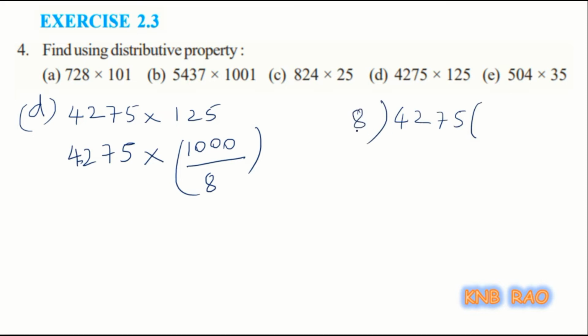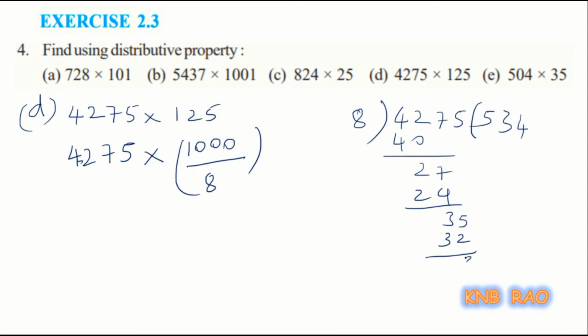So, 8 5s are 40, 2 7, 8 3s are 24, 3, this 5 will come down. So, 8 4s are 32, 3. So now point is taken, it becomes 30. So let me continue here this side.